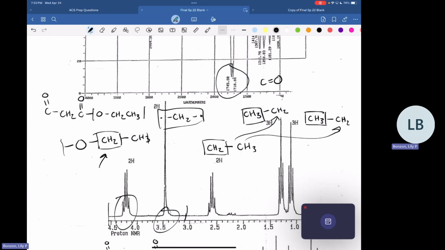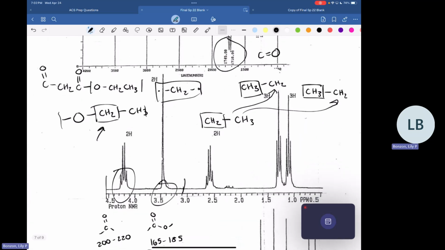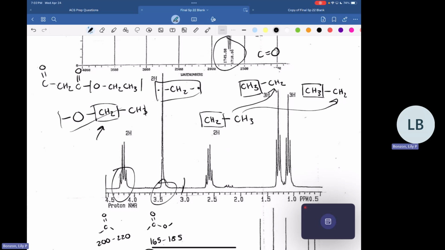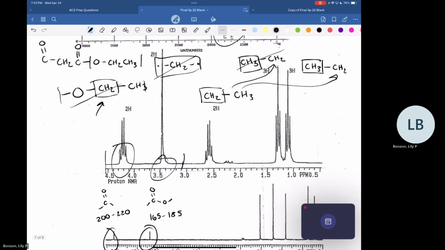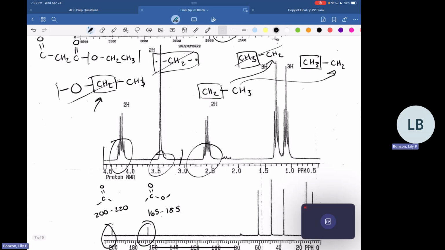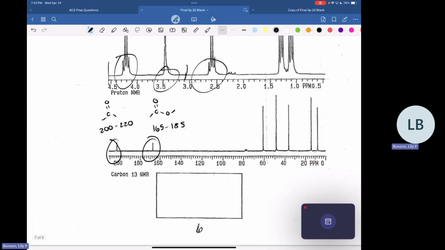And then for the other side, we've used up our OCH2, CH3, so that's one of these guys. We've used up our CH2 in the middle, so the only thing left we have is this additional CH2, CH3. And so this peak is a little bit downfield, not too much, but it is downfield, so that does make sense with the structure that we have. So let me just redraw real quick.